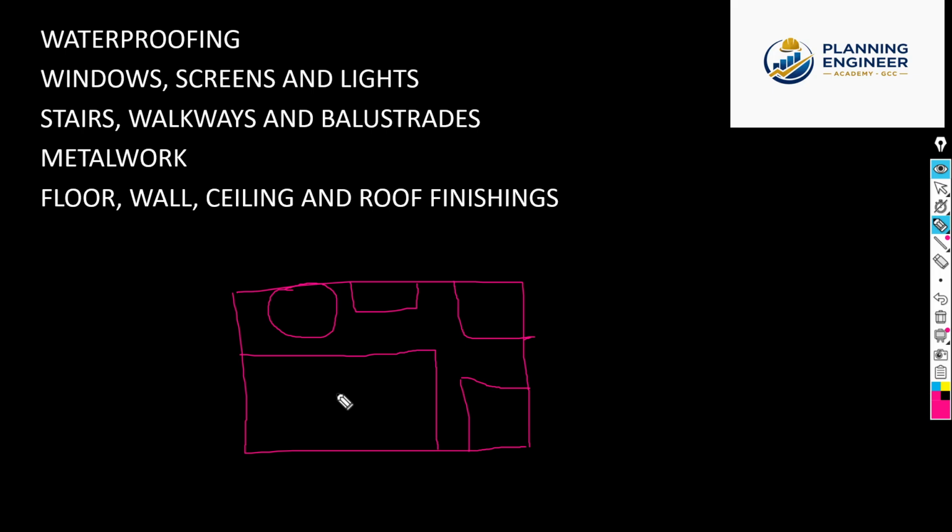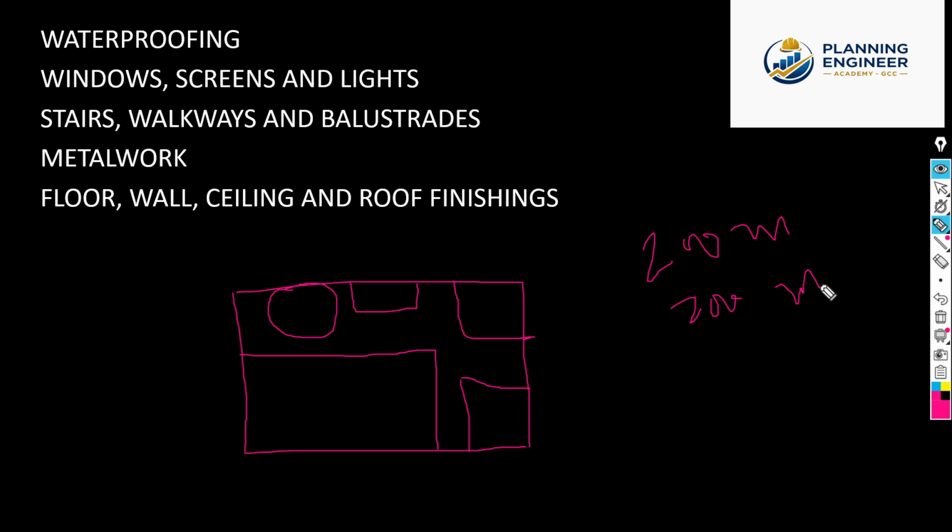Okay, but this building is a very big building. This length may be 200 meter by 200 meter. So what I am trying to explain is that this is for one building.